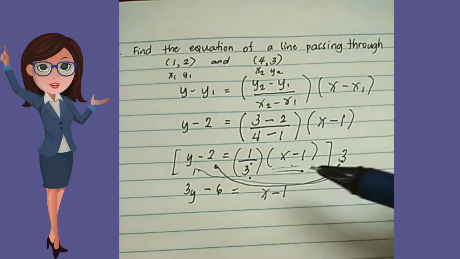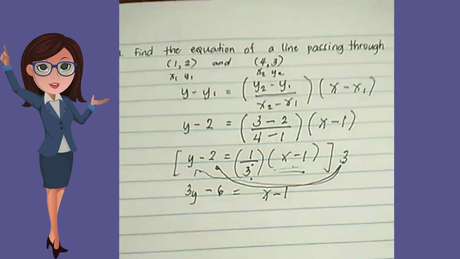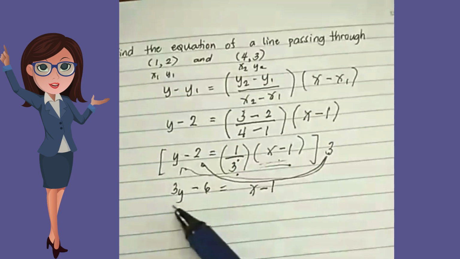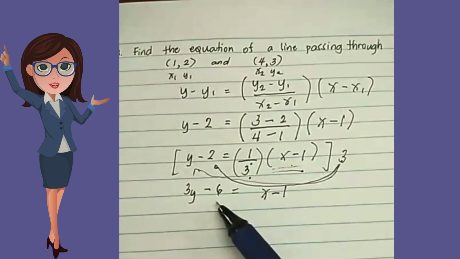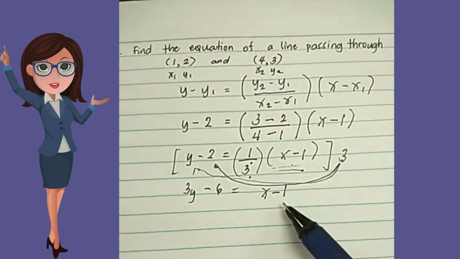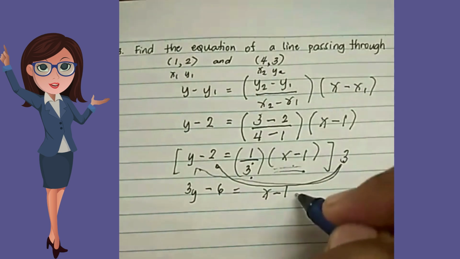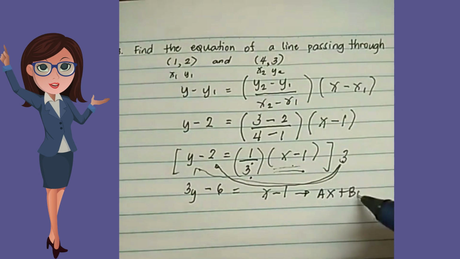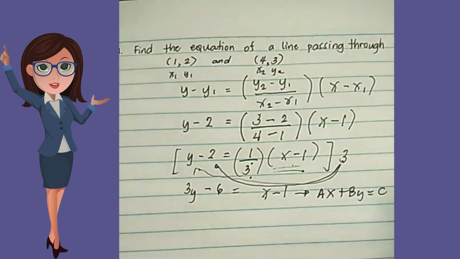So, kokopyahin na lang natin ang ating x minus 1. Mapapansin nyo, meron na tayong isang y term, meron na tayong constant term. On the other side, we have here the x term and another constant term. So, we can now express this in the form ax plus by equals c.